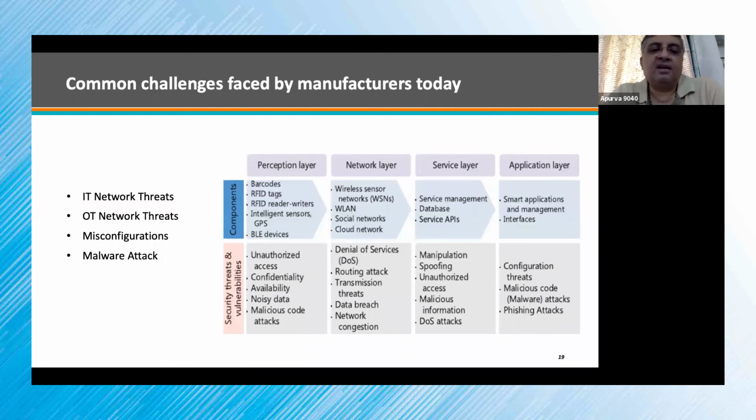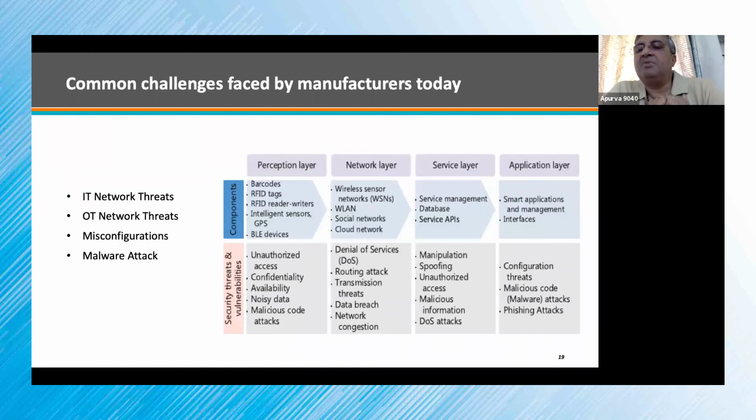So again, there are security threats where you can have a DOS attack, a transmission threat, network congestion, data breach and all that. Then comes the service management layer, where the APIs are deployed. You can have different attacks over that.